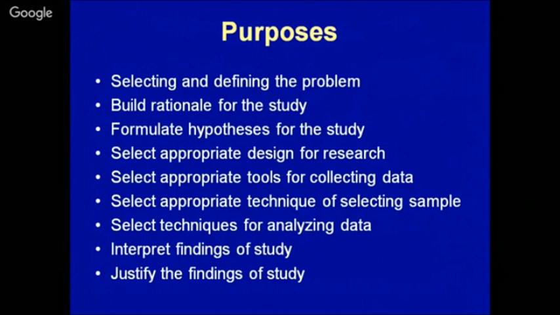Broadly, you are thinking you are going to work in the area of stress management or stress and performance, but then you are going to zero down the variables after you go through the literature, and then you give what are the gaps in the current literature and how that gap can be filled in by taking an additional study. So your selection of the problem comes from the review of related literature.